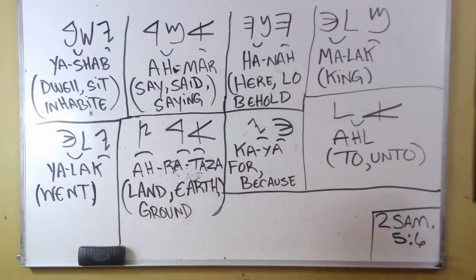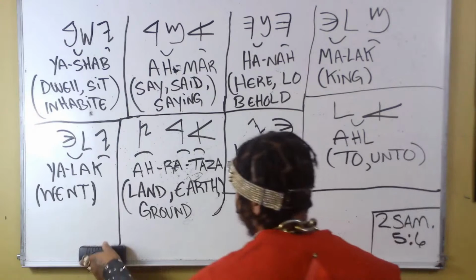It means a few other things. We're gonna stick with went, because went is one of the main things that Yalak is used for. It's a different way to say go, which is halak. Halak is go. That's where it comes from, halak. But Yalak means went.